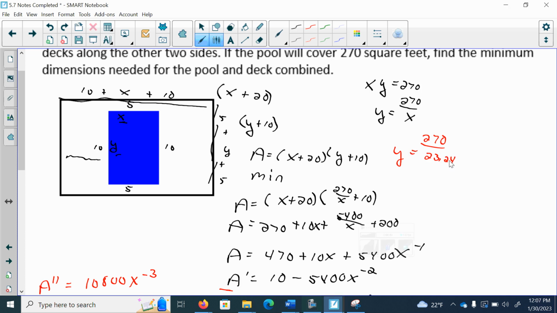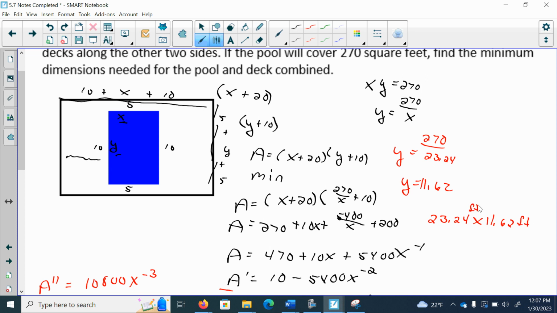When I divide the 270 by 23.24, I get 11.62. So the dimensions on my pool would have to be 23.24 by 11.62 feet.